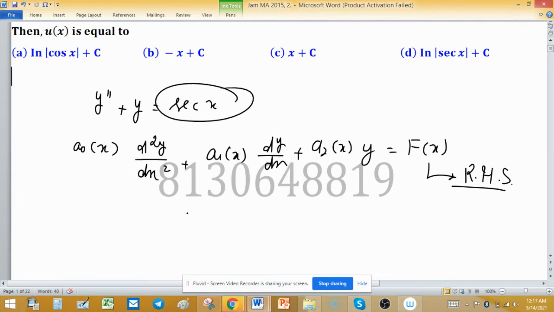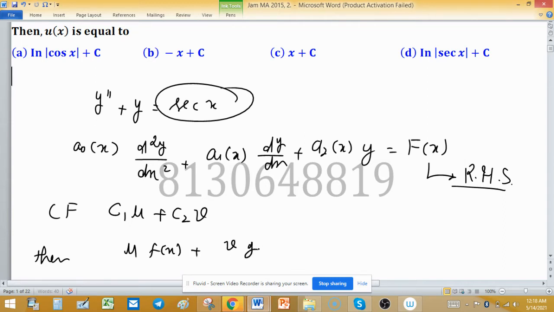Suppose the complementary function is c1 u plus c2 v. Then the particular integral can be evaluated as u f(x) plus v g(x).